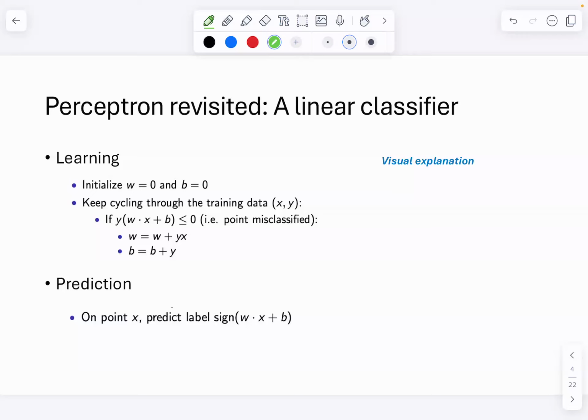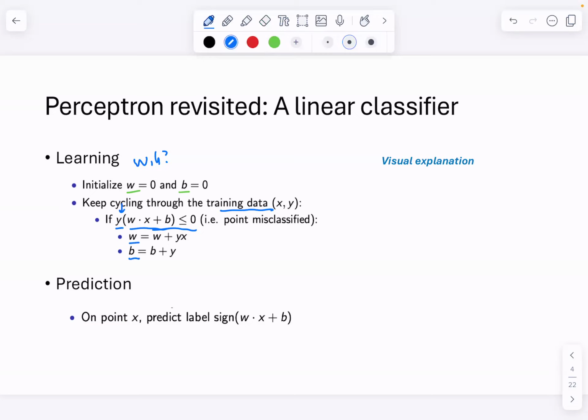Remember the parameters our model has are W and B. The learning problem is basically how to find the correct W and B. We've already learned that the perceptron algorithm basically keeps cycling through the training data, and if some point is misclassified, in this case the product of your prediction and your true label is less than 0, which means your prediction is incorrect, you just update your weight and also update your bias.